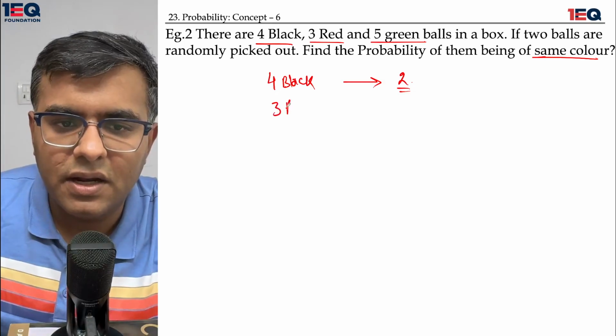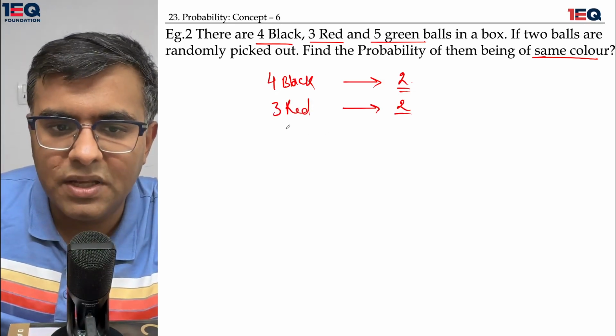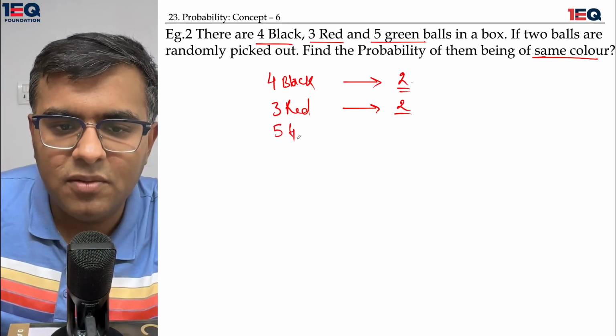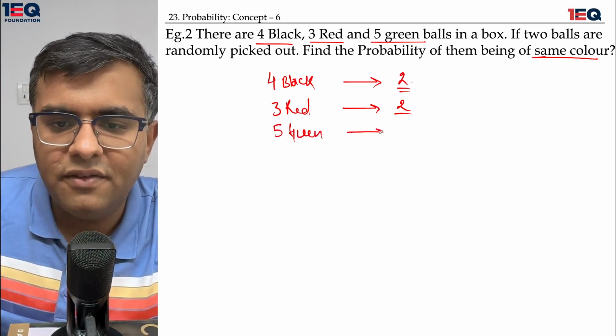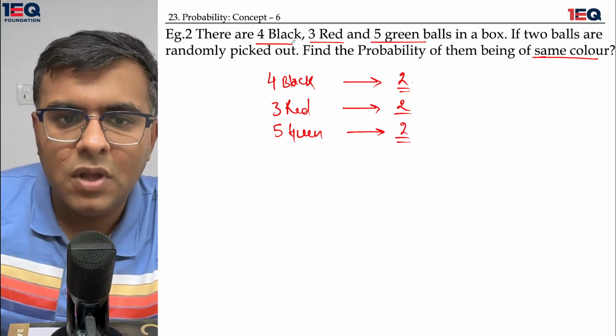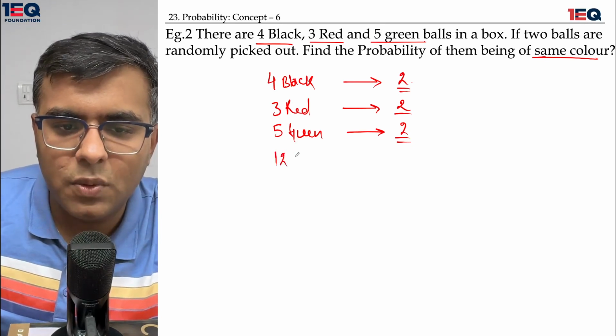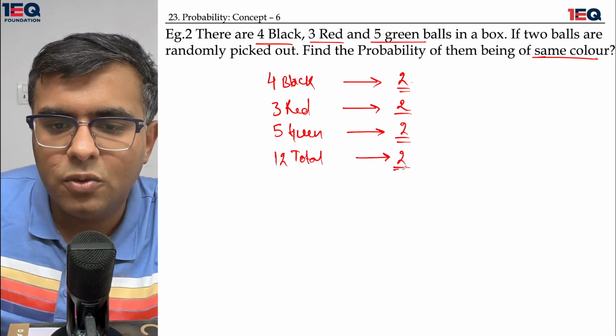Similarly, there are 3 red balls and if two are picked, both should be red. And there are 5 green balls and if two are picked, they are supposed to be green. Out of a total of 4 plus 3, 7, 7 plus 5, 12, two balls need to be picked.